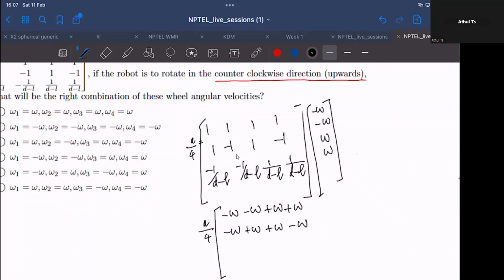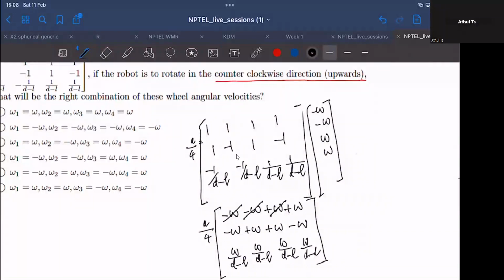And the third row would be omega by d minus L, omega by d minus L, omega by d minus L, omega by d minus L. So again, the first row, minus and plus cancels, minus and plus cancels. Third row, we'll have all pluses.